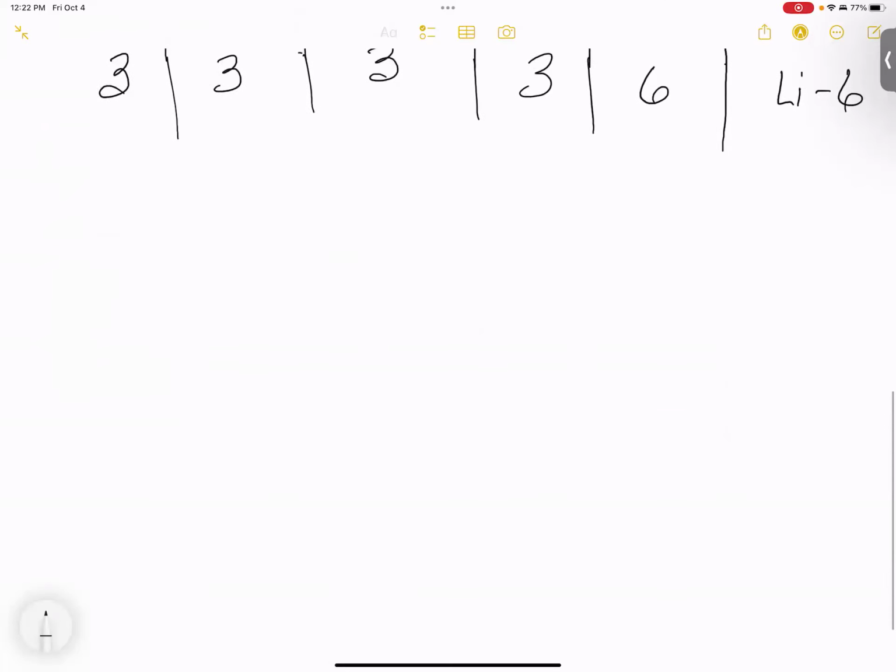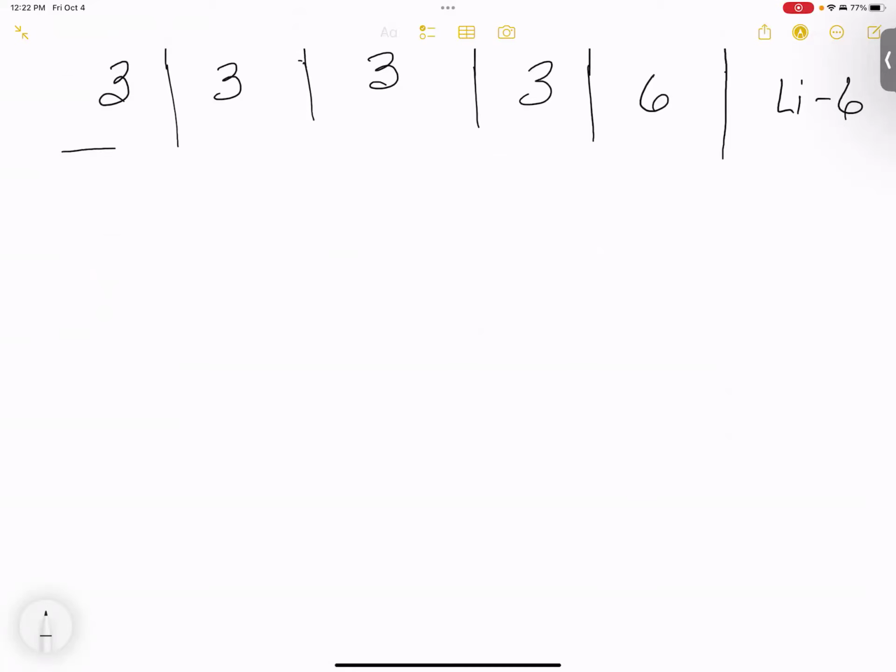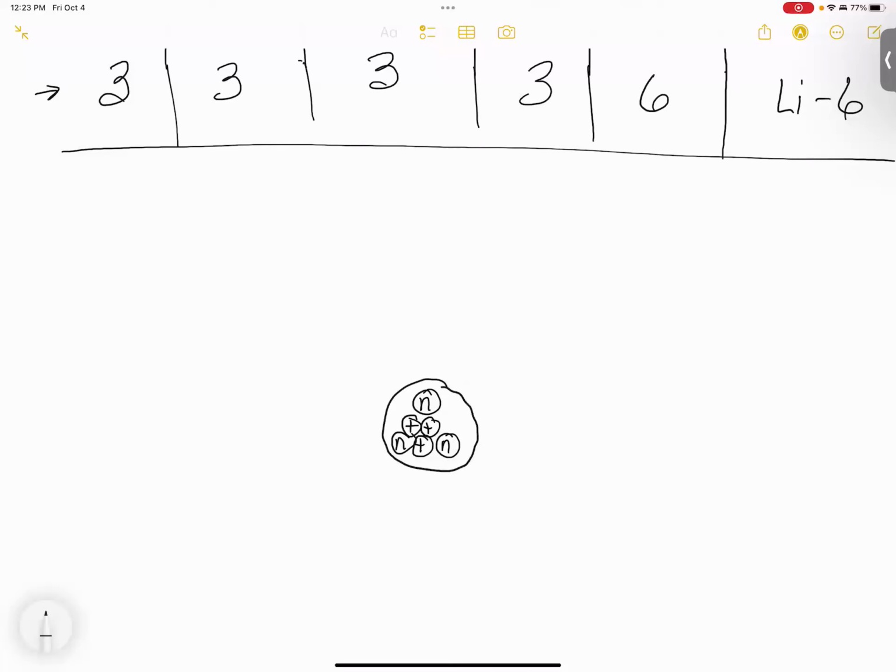Now, just as a reminder of what this means, let's use lithium because I won't get too big, but you better be prepared to draw. It means that there are 3 protons and 3 neutrons in the nucleus of the atom.